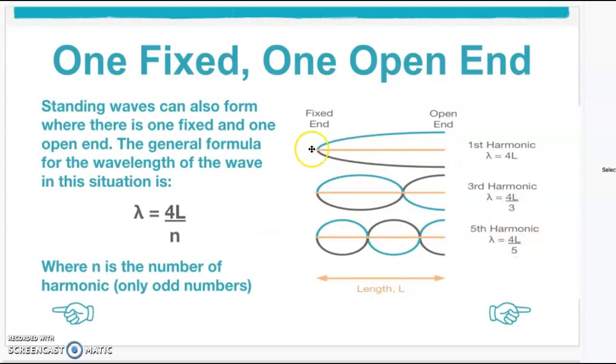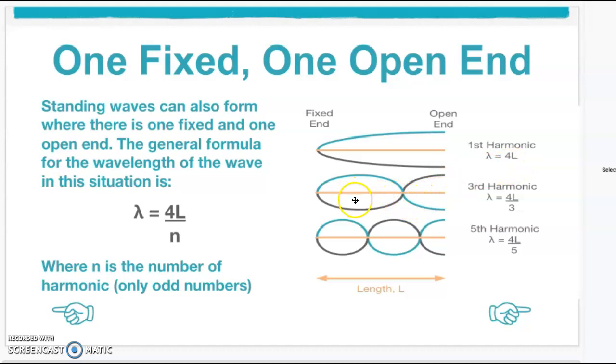So let's look first at the simplest situation, our first harmonic. Our length L gives us a quarter of a wavelength, because I would need this, then another quarter, and another quarter, and another quarter. So I would need 4 lengths to give me an entire wavelength. That gives wavelength equals 4L.